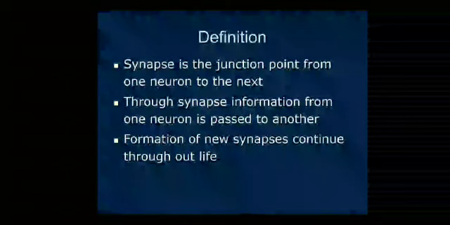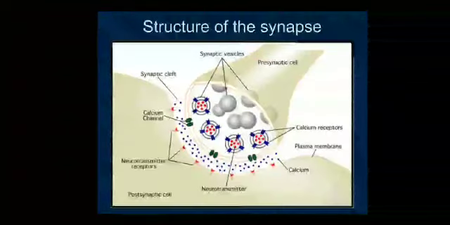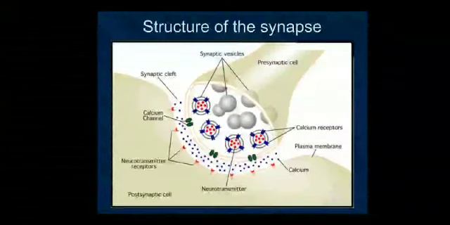So next we'll see the structure of the synapse. We already mentioned that it has the presynaptic nerve, and in the diagram you can see the presynaptic nerve, then the synaptic cleft, and the last part is the postsynaptic membrane or postsynaptic cell.